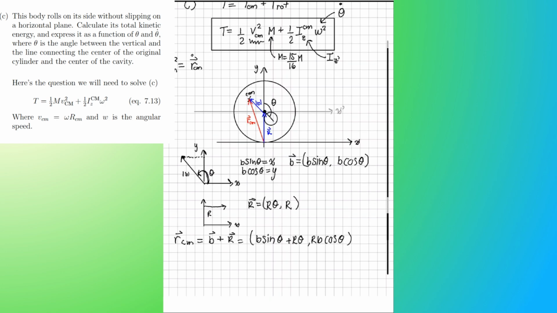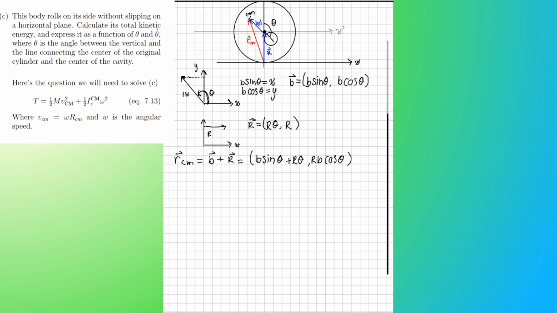Okay, so now we want to find the speed. The speed is just like we said before, the derivative of the position. So this is equal to cos theta and the derivative of theta plus r and derivative of theta. Oh, here we forgot plus r here.